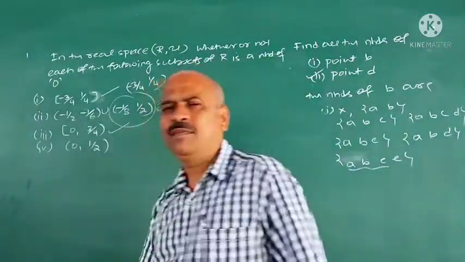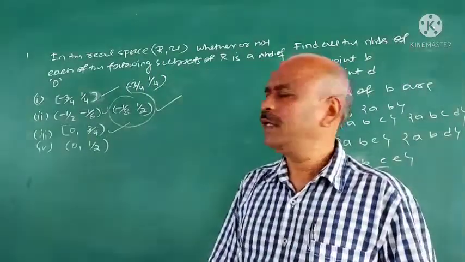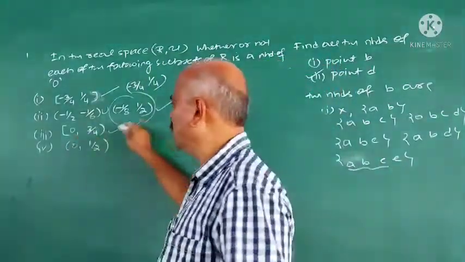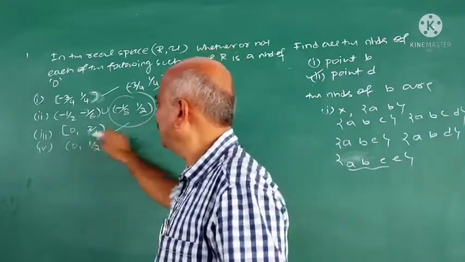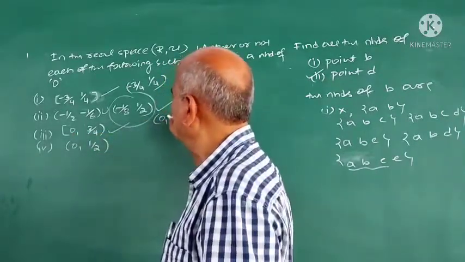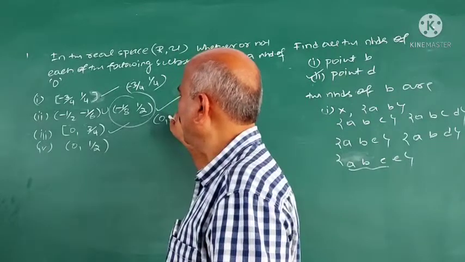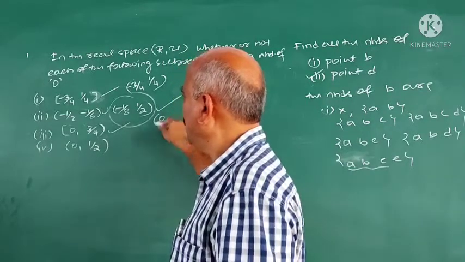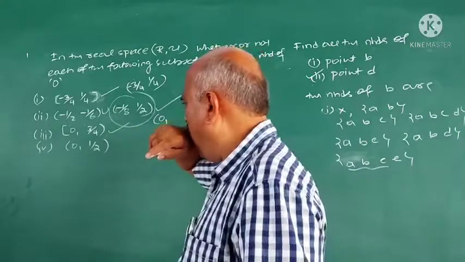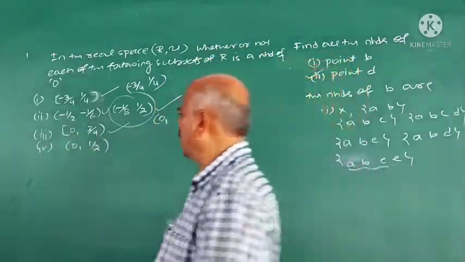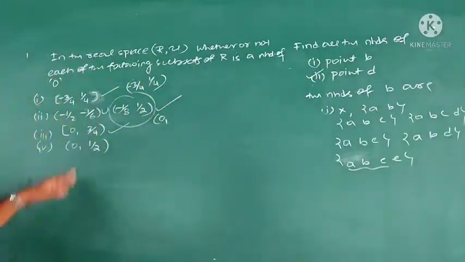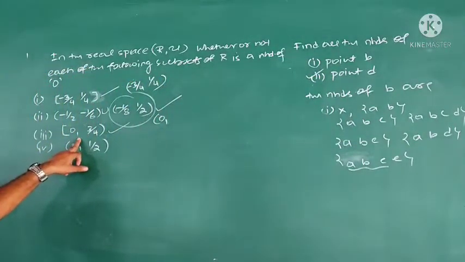What about this? I think it is not the neighborhood of the point 0, because what is the open interval containing 0?